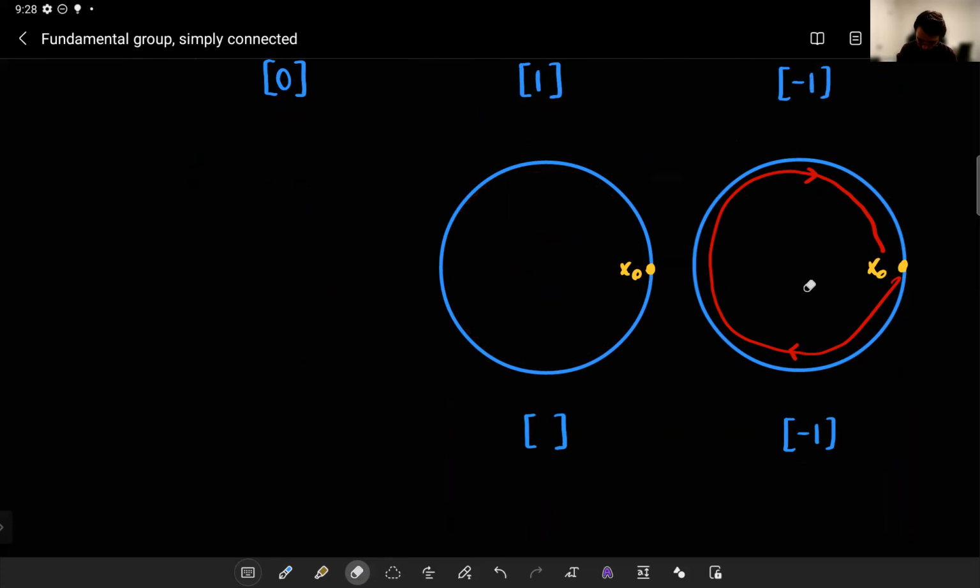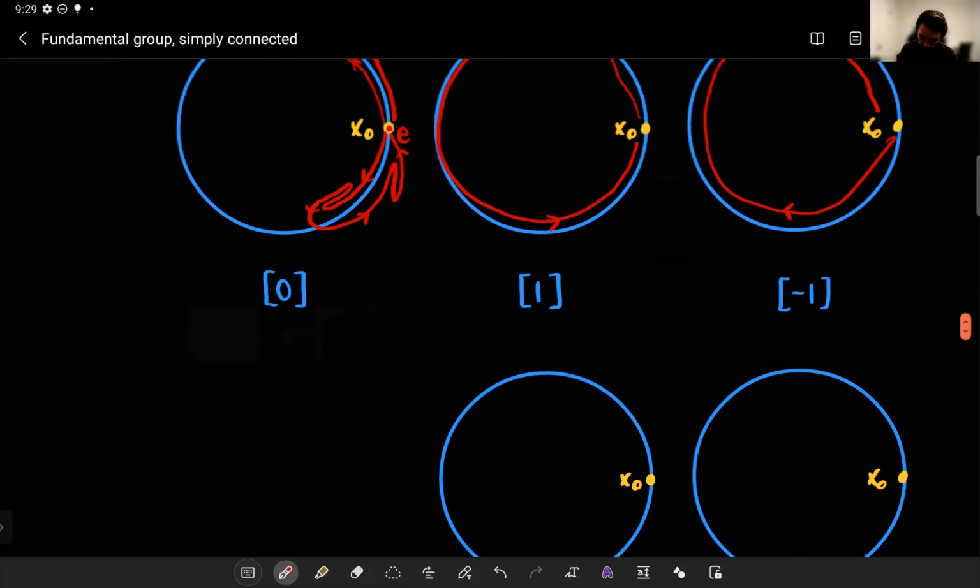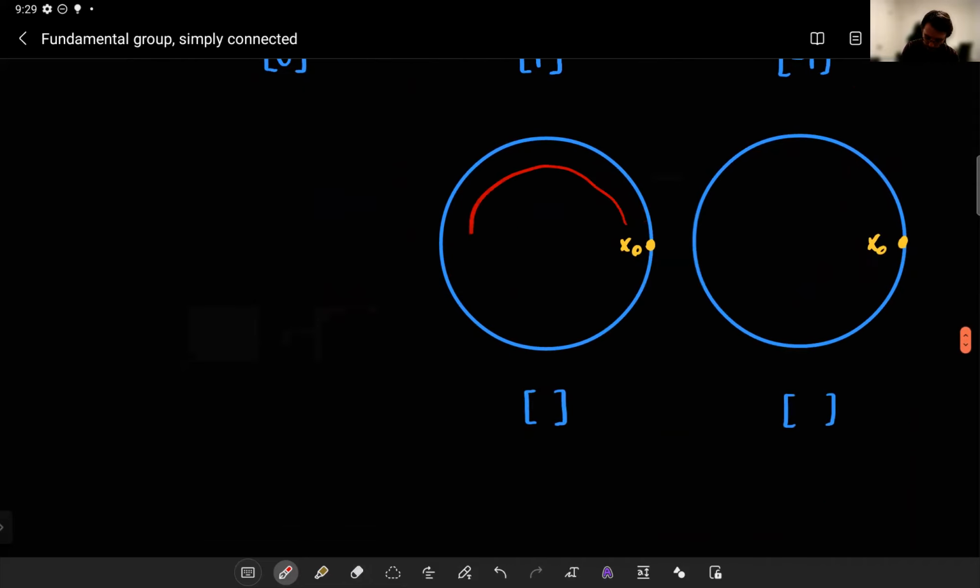So here, what direction was I going? Counterclockwise. Counterclockwise twice, or clockwise twice.